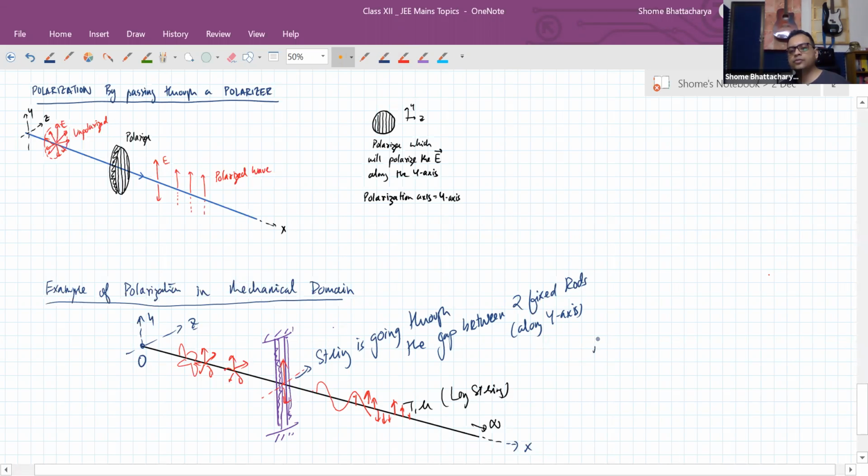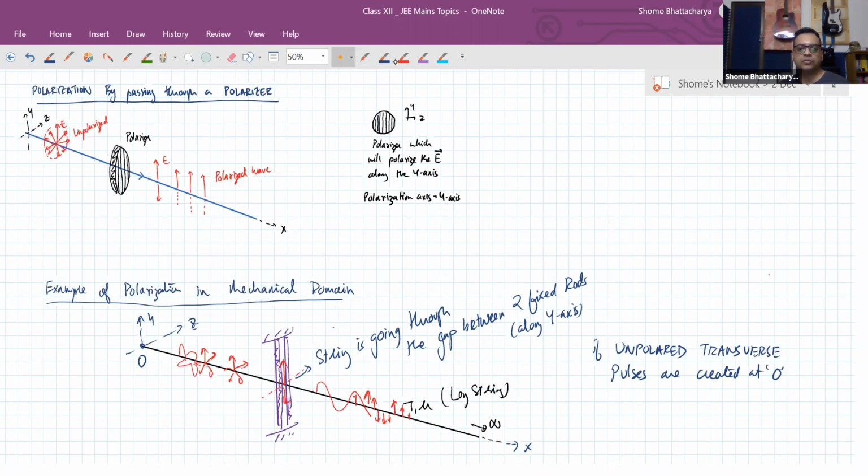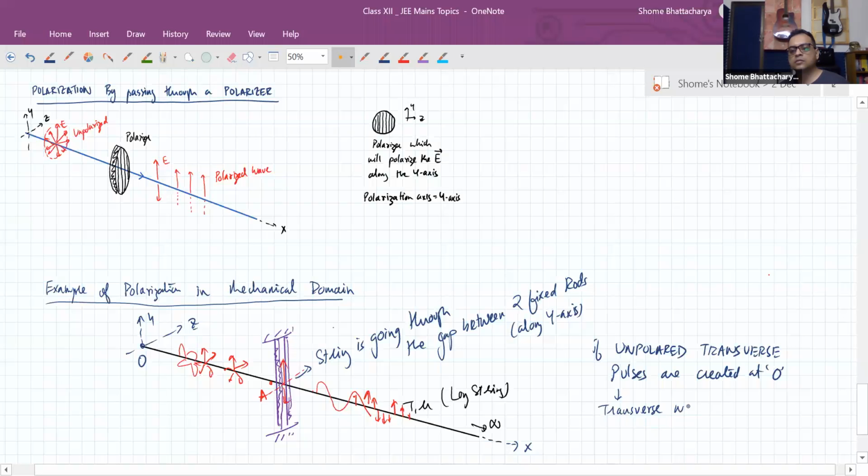So again, if unpolarized transverse pulses are created at O, and let's say where the two rods are present, this point is, let's say, A. So the transverse waves in the region OA will be unpolarized.